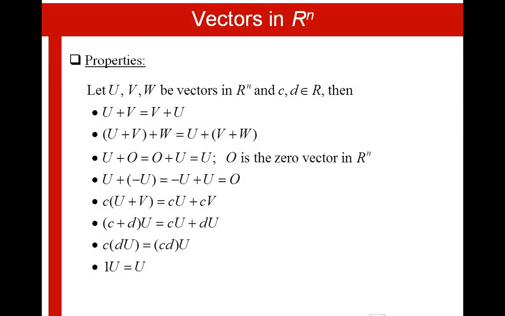Then c plus d times u, where c and d are two scalar values, is equal to cu plus du, and c times du is equal to cd, the product of the two scalar values, times the vector u. Finally, the scalar value 1 times u is equal to u.